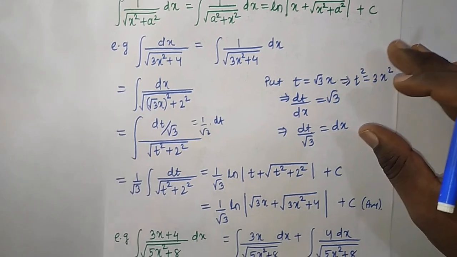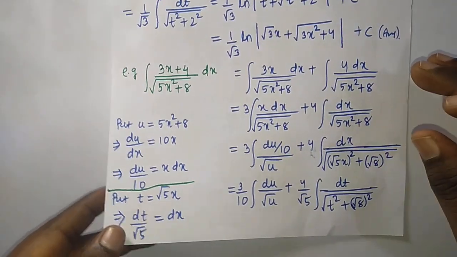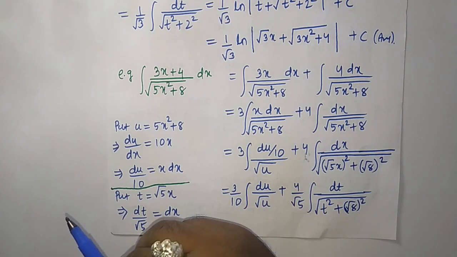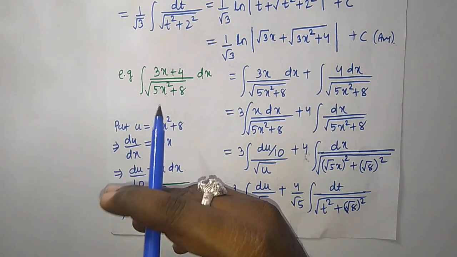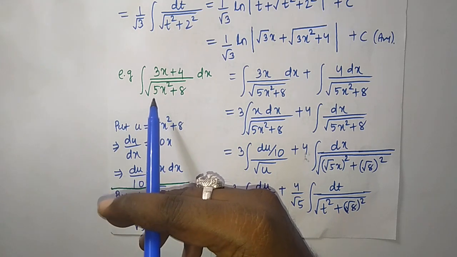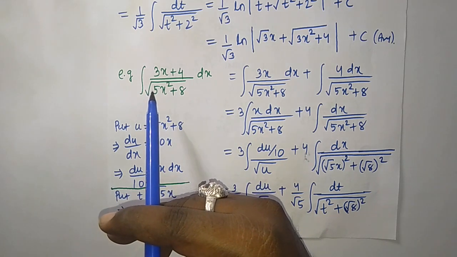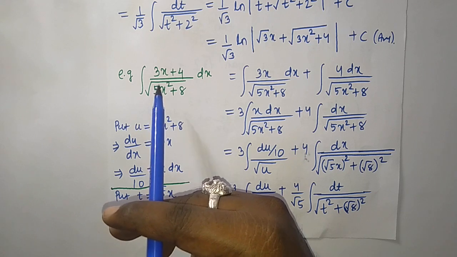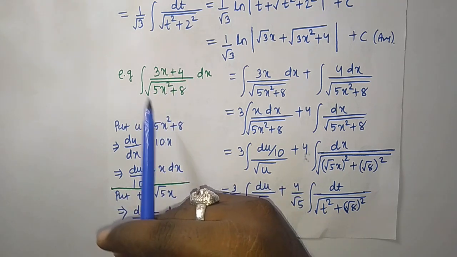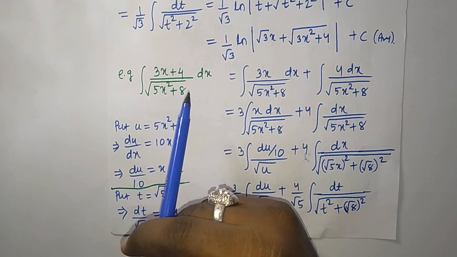Sometimes you will get this question in a different form like this. Here you can see you have to find the integration of 3x plus 4 divided by root over of 5x square plus 8.